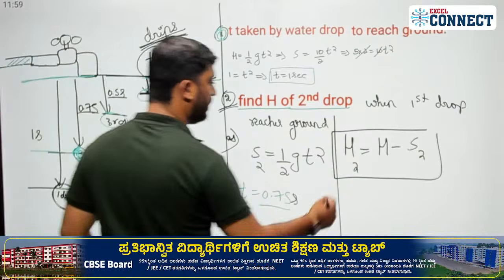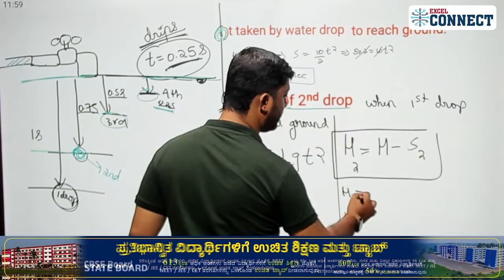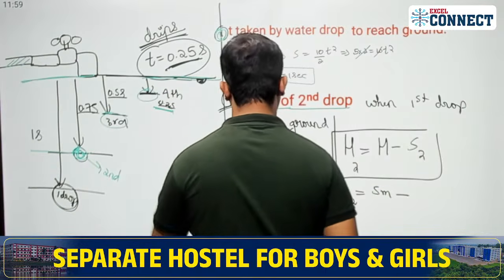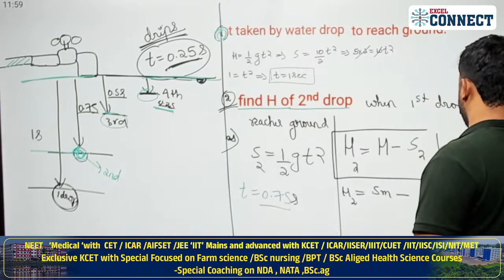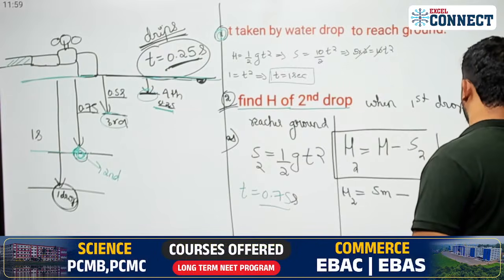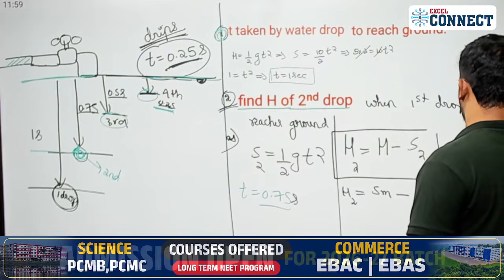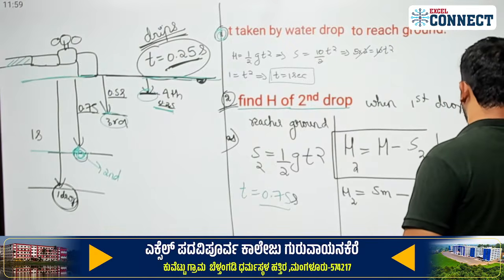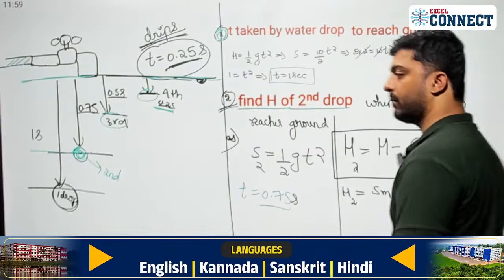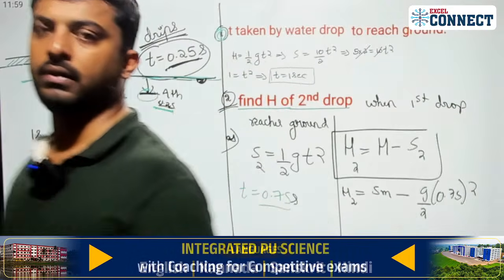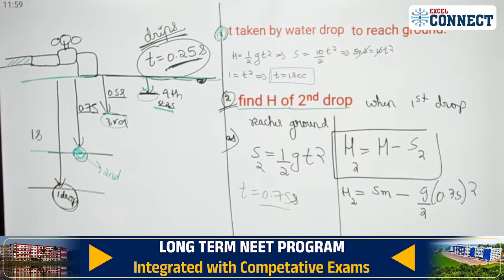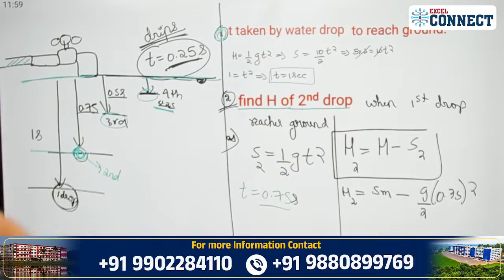So h2 is equal to, what is h? Total height is 5 meter minus the distance traveled by second drop, g by 2 into 0.75 second whole square. Okay. Right. If you solve this, what is the answer?